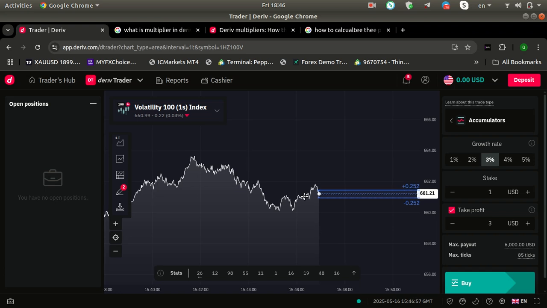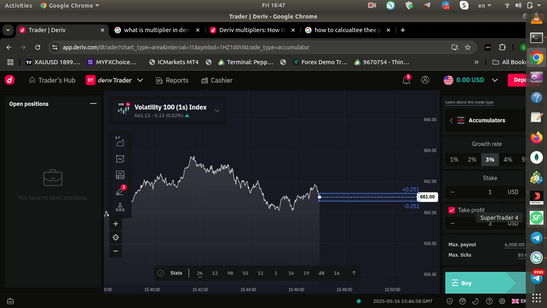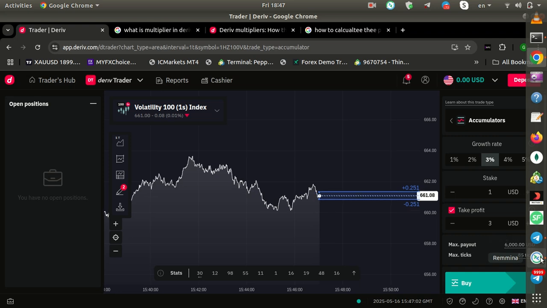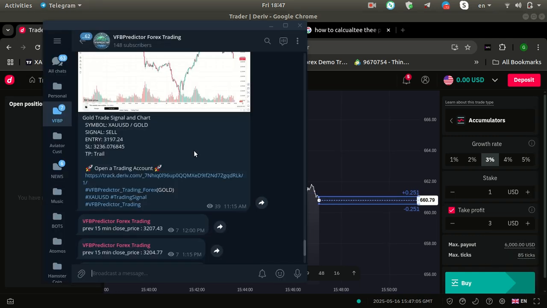So this is the chart. As I said in the previous video, the signals being sent in the predictor forex trading chart are for gold.